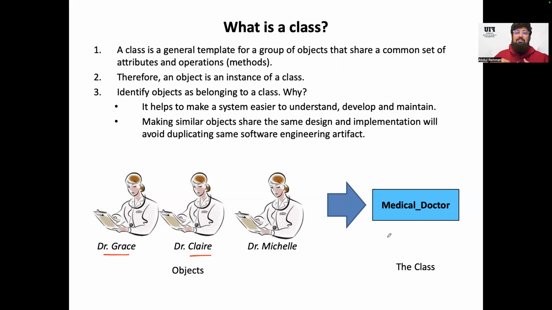If I have a class human or a class medical doctor, I can extract Dr. Grace or Claire, anybody. Or if I have a class teacher, it could be me, it could be Professor Peter, it could be Professor Wakas, anybody, right? So keeping the class as a template, we can extract objects from the class. This is what we have to understand.